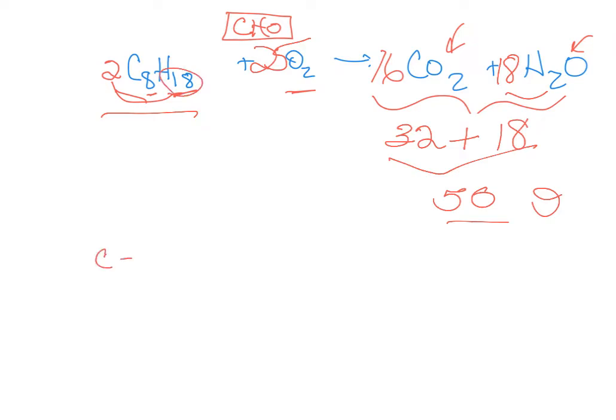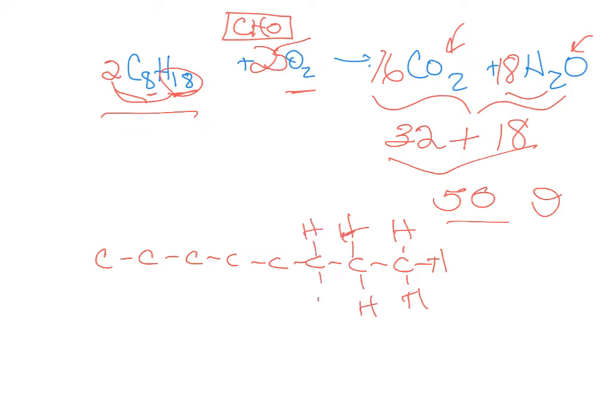So I'm going to draw out the Lewis structure. You can see either from the condensed formula or from the structural formula that there are, in fact, 18, which is why octane gives such a boost to our gasoline energy. So there are, in fact, 18 carbon-hydrogen bonds that are broken.